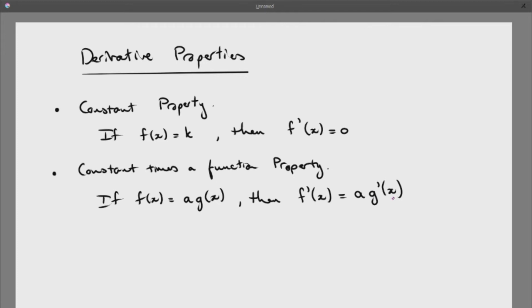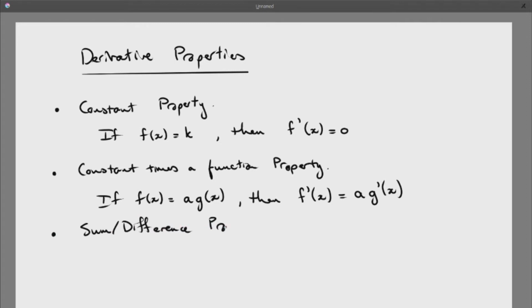So these properties are allowing me to look at smaller pieces and then use that to build the derivative of the original function. And if I look at simple enough pieces, then they're pretty much my basic functions. One more way a function can be broken up is by looking at the sum or difference of terms.